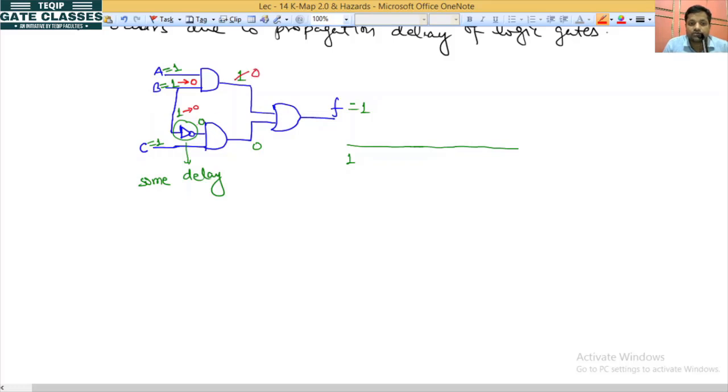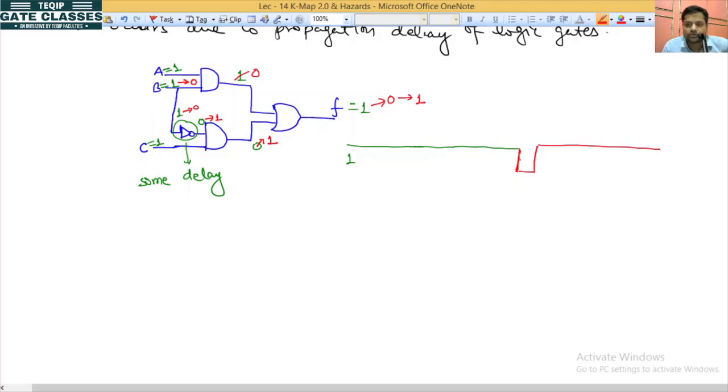The value is not updated till now, so it will be 0 and 1, it will be 0, so the output changes into 0. So for a very short time period, it changes from 1 to 0. Now when it gets updated, it will be 1, and then 1 1 1, it will be 1. So the output again will be 1.